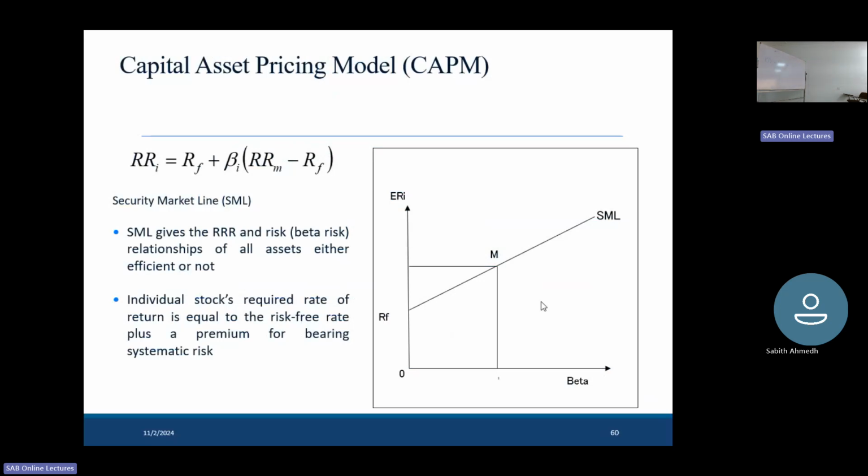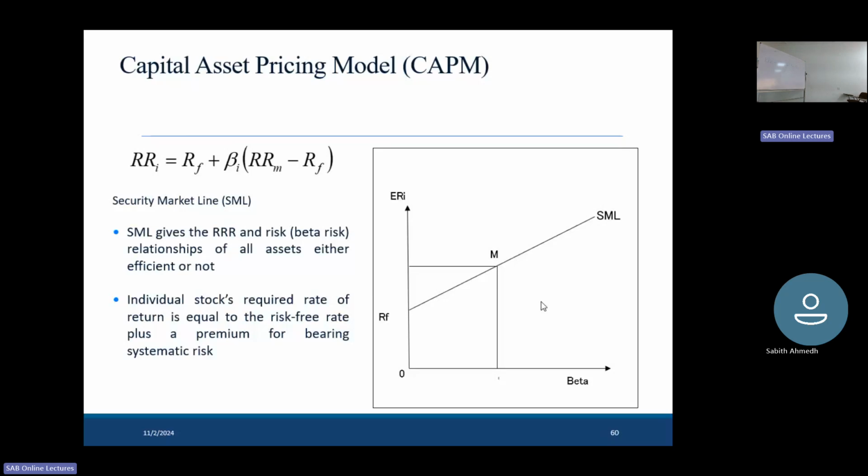Either using regression or using the formula, you can estimate beta. According to CAPM, the SML shows the required rate of return and beta risk relationship for all assets. If your individual asset or portfolio lies on this SML line, then according to CAPM it is correctly priced according to its systematic risk.